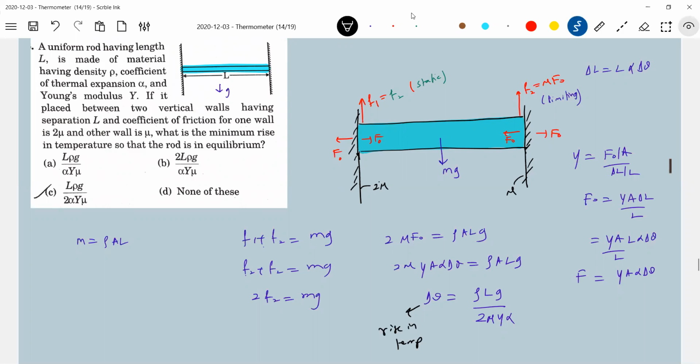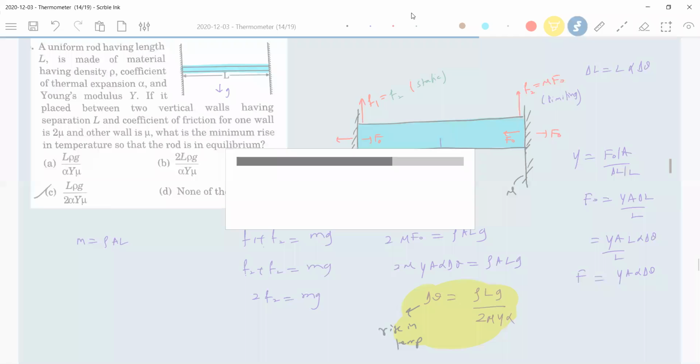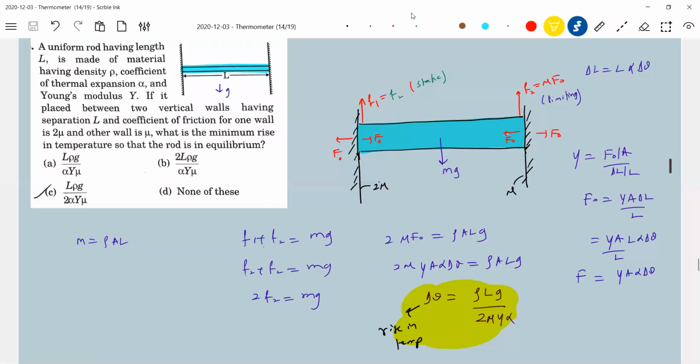If I increase the temperature more than this, slipping will occur and the rod cannot be in equilibrium. Are you able to understand? If I increase the temperature more than delta T, where will slipping occur? At the right wall, here.